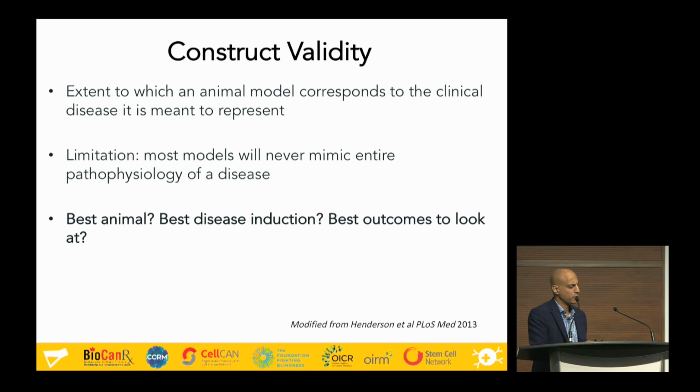So if you're going to use MIAPAC2 to induce your tumors in your animals, is that the best tumor to mimic whatever downstream clinical condition you're actually thinking about? And then finally, what are the best outcomes to look at? Well, you may have used histology because that's what you do in your lab. However, is that the best outcome when you're thinking about a clinical trial, or would something more functional be more applicable? So these are things around construct validity that you have to start thinking critically about to address this particular validity.